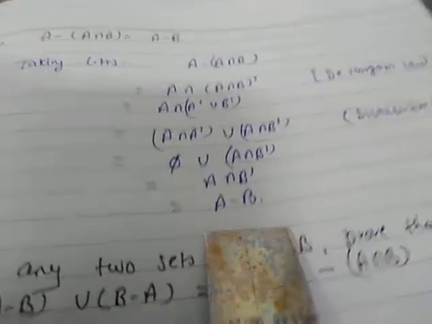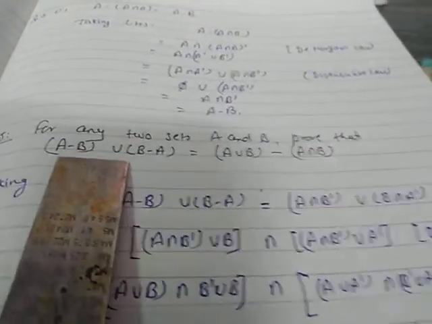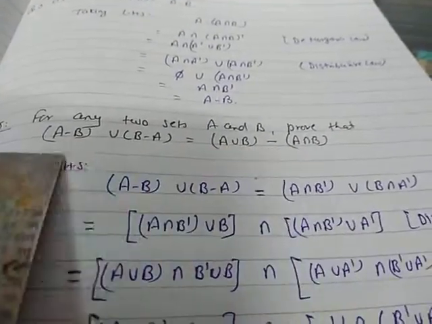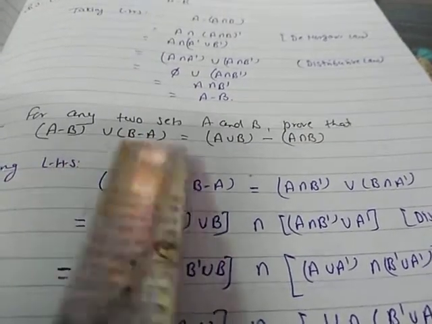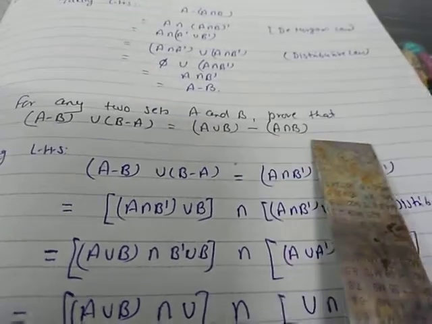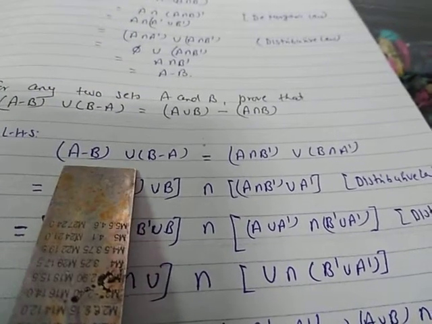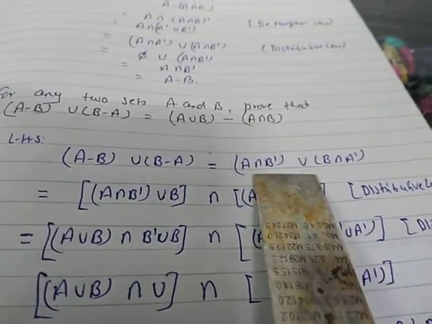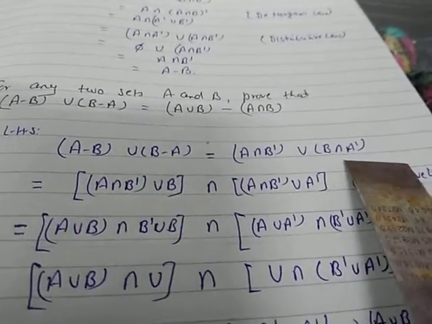Okay. Now come to question number 5. Question number 5 is, for any two sets A and B, prove that A minus B union B minus A is equals to A union B minus A intersection B. Now taking LHS, A minus B means what, children? A intersection B complement, union B intersection A complement.